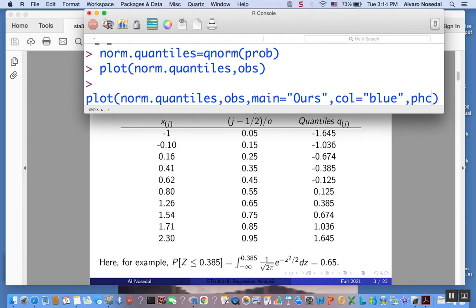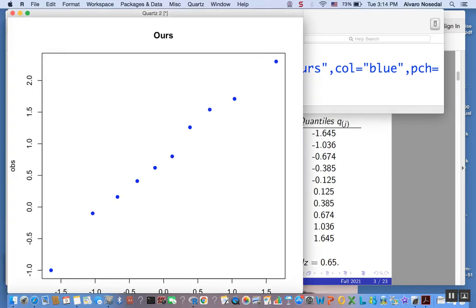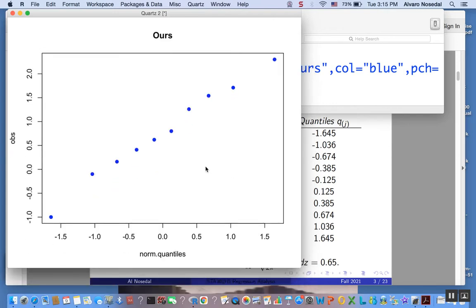I want solid circles, so PCH equals 19. And now, yeah, that's good enough. Make sense? Okay, so that's hours.